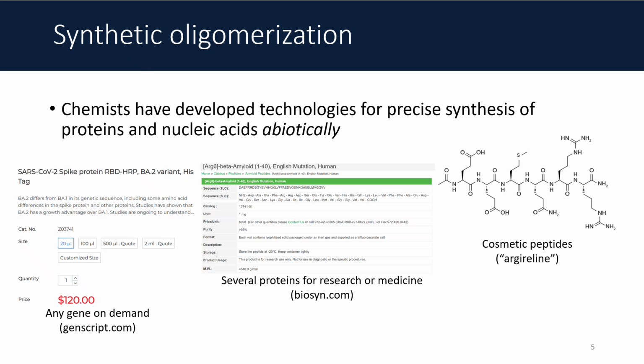You can even craft a custom gene in the lab, or you can have someone do it for you for a small fee. I want to direct your attention to this screenshot down here from genscript.com. Genscript is kind of like the Walmart of genes. You can get so much from that website. I'm not affiliated with them, but I want to show you that this COVID spike protein was up online not far into 2020, which is quite impressive.